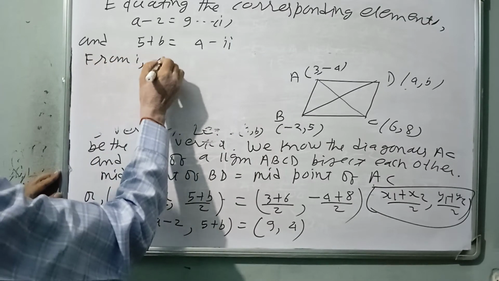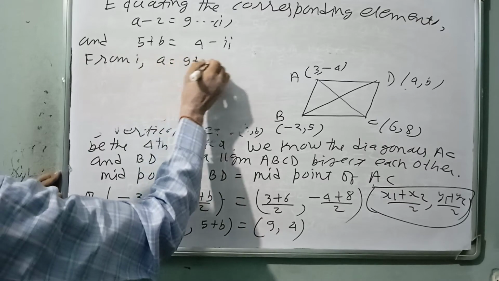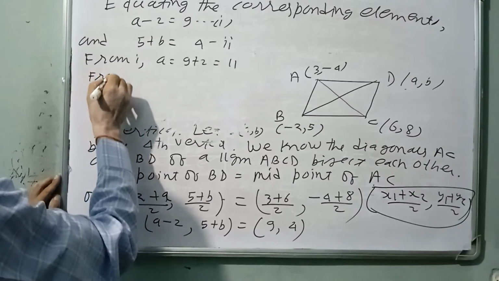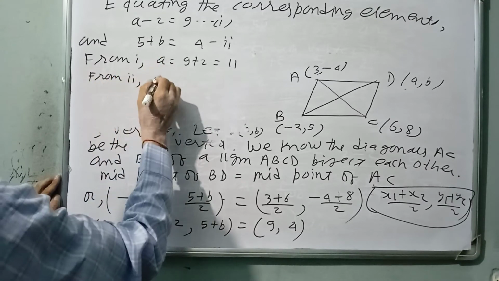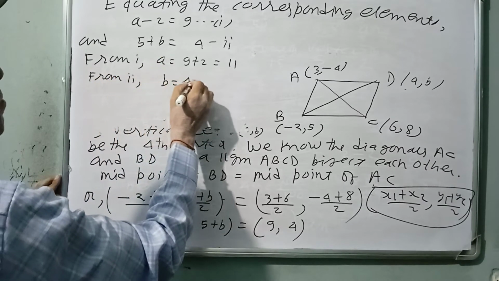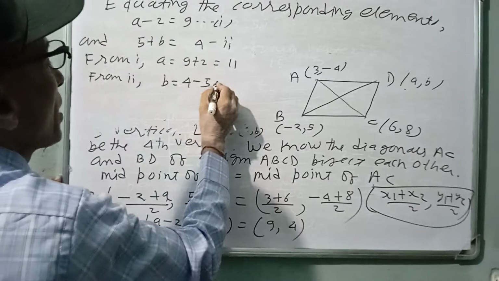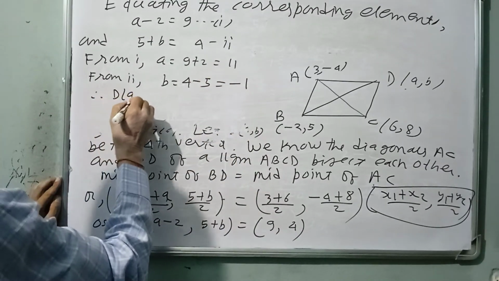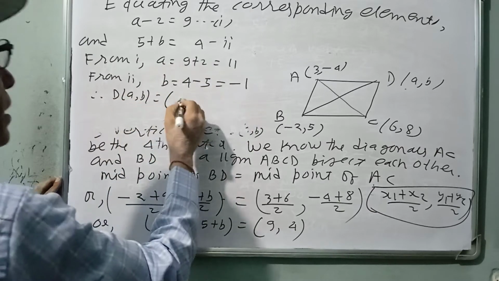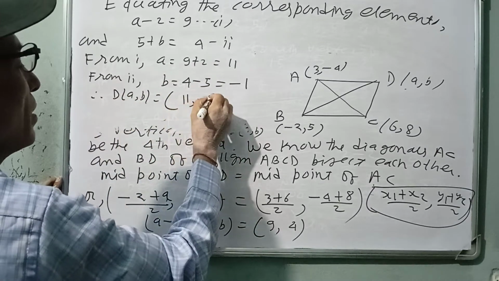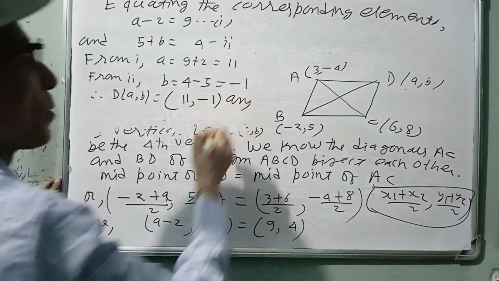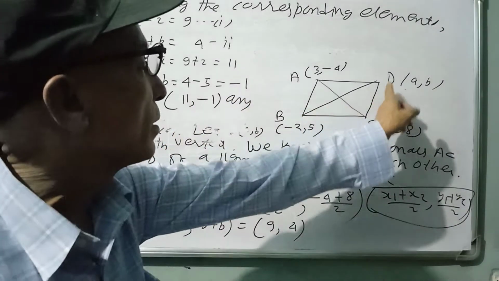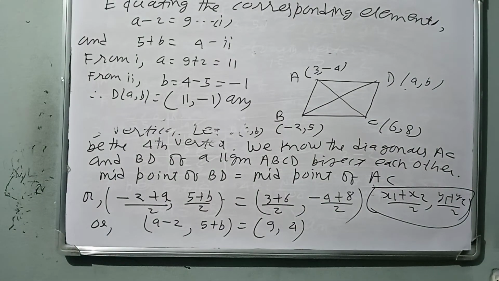From equation 1, a equals 9 plus 2, which is 11. From equation 2, b equals 4 minus 5, which is minus 1. Therefore D (a, b) equals (11, -1), the answer. So D is the fourth vertex, (11, -1).